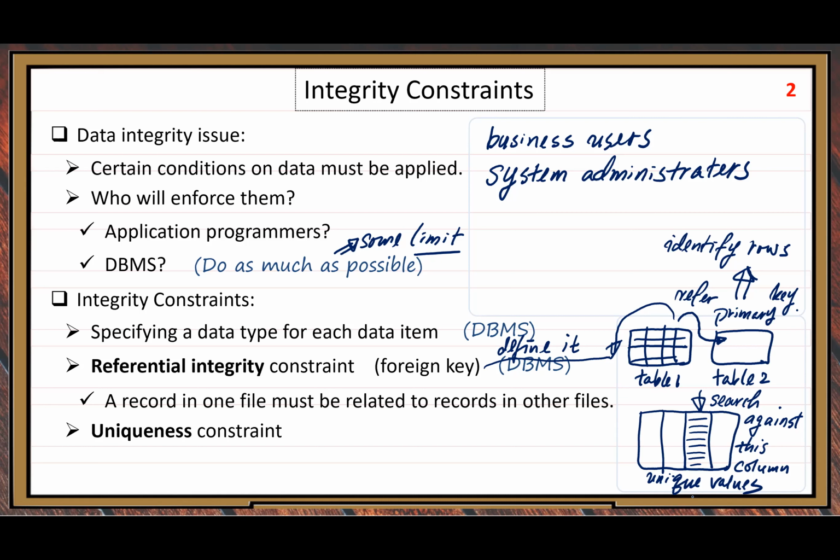So sometimes we may require the values for this particular column to be unique. That's the uniqueness constraint. So we declare the values for this particular column must be unique. So we set a uniqueness constraint on this column.